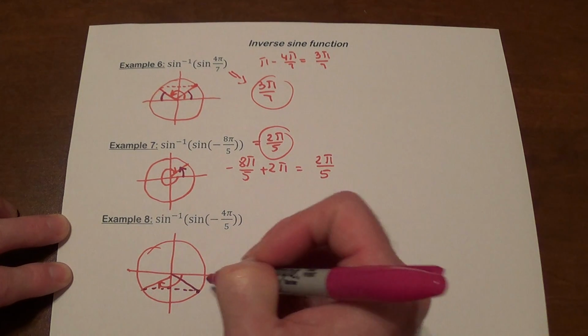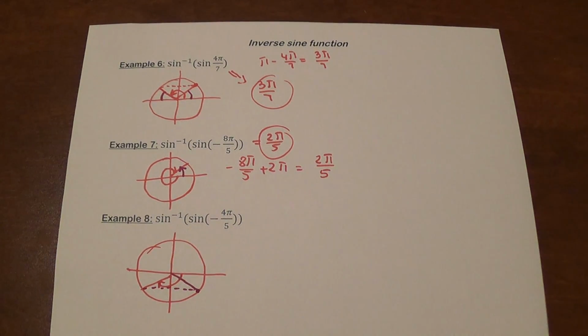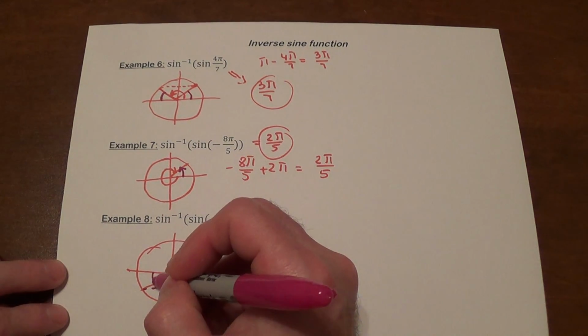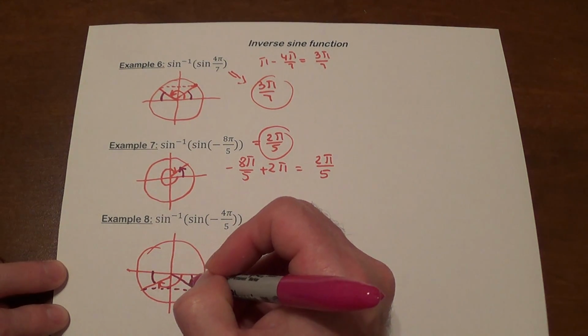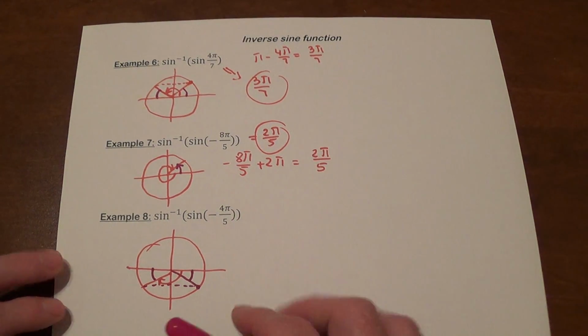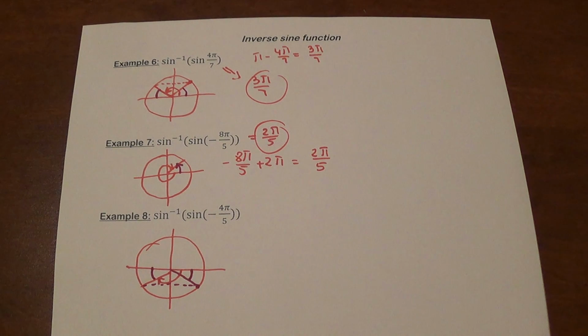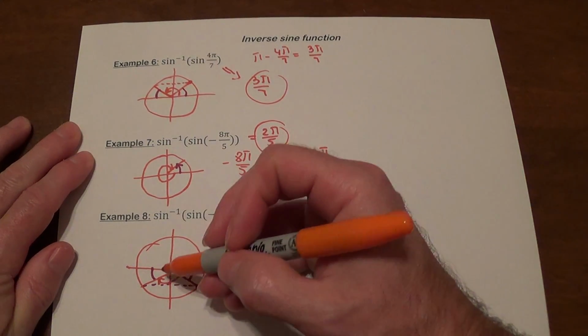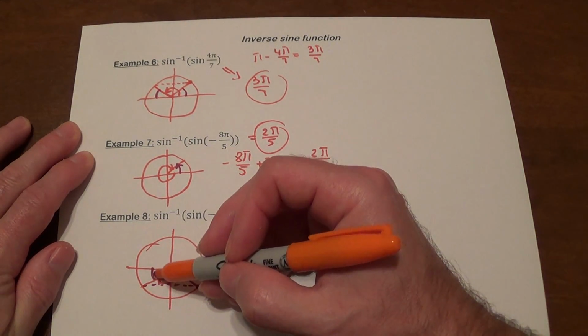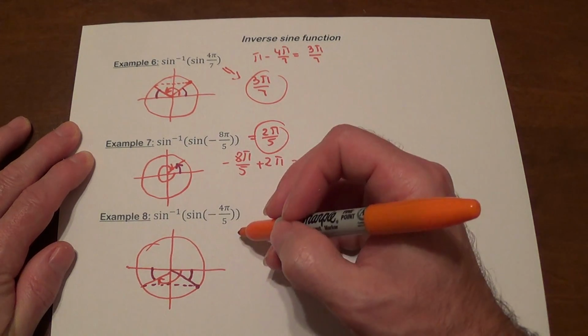So right here. What we need to do is look at the measure of this angle. It's going to be the same as the measure of this angle. You just have to be careful, because that angle would have to be negative, since to be in quadrant 4 it would have to be negative. So what can we do? Well, one thing we can do is find the supplement of this angle.